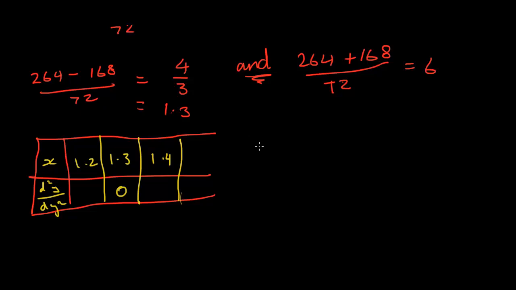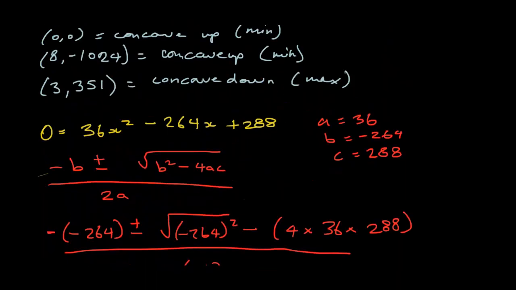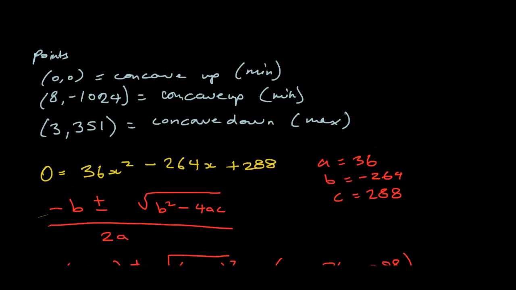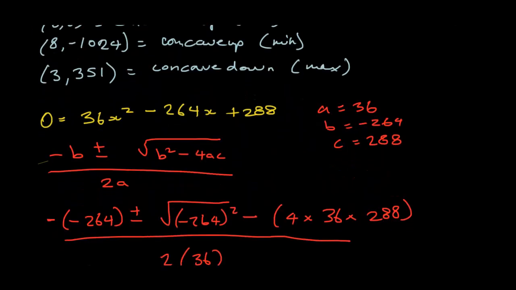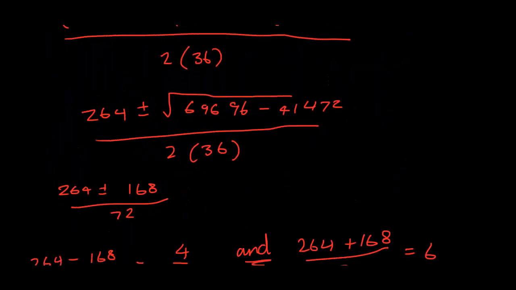So going back to what we previously found, our second differentiation was just, let me find it, so I don't have to scroll back up. Actually, I will. Can't find it. Anyways, second differentiation, second derivative, was 36x squared minus 264x plus 288. So just quickly going to write it.